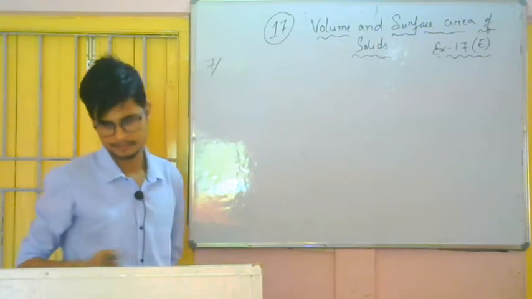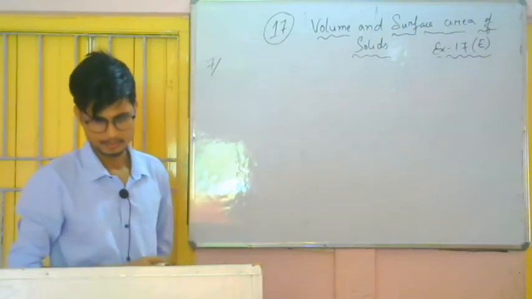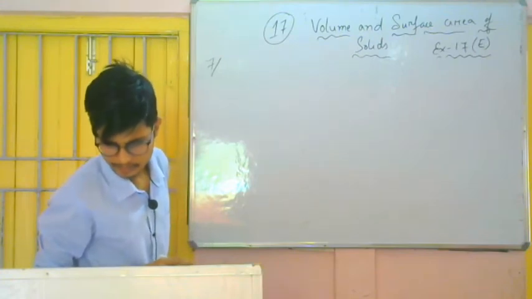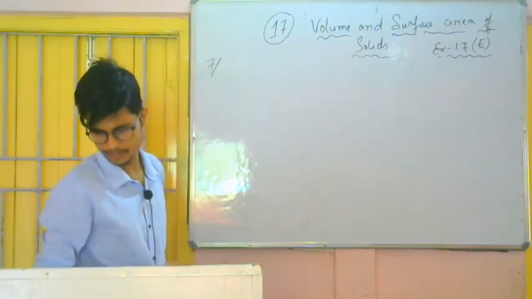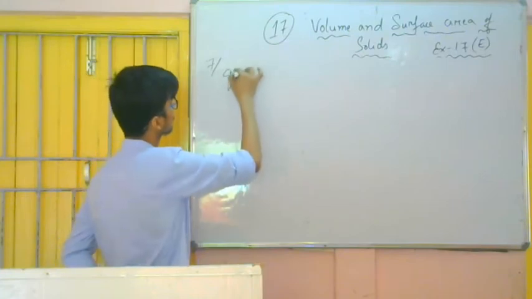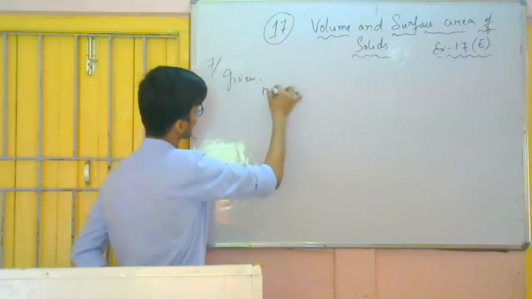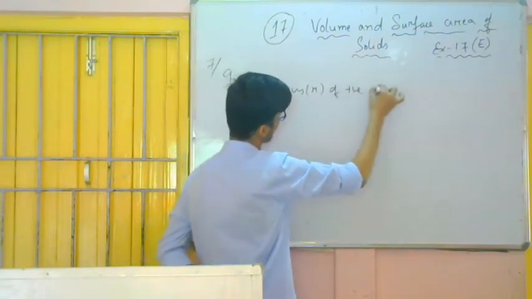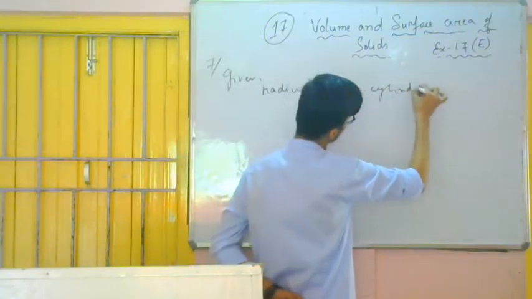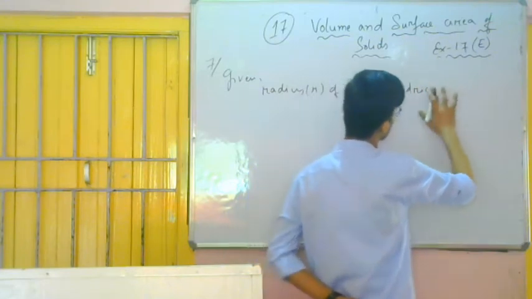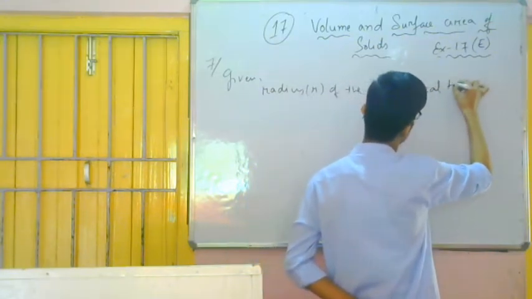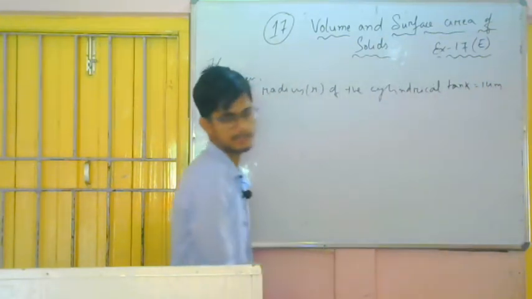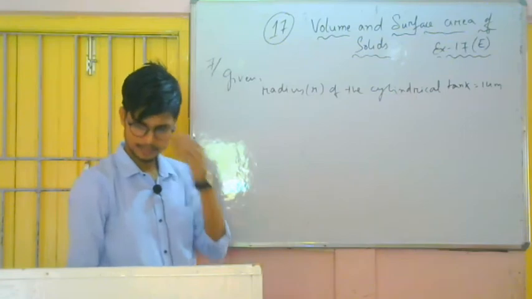Question number 7. So you write, given radius of the cylindrical tank is 14 meter.